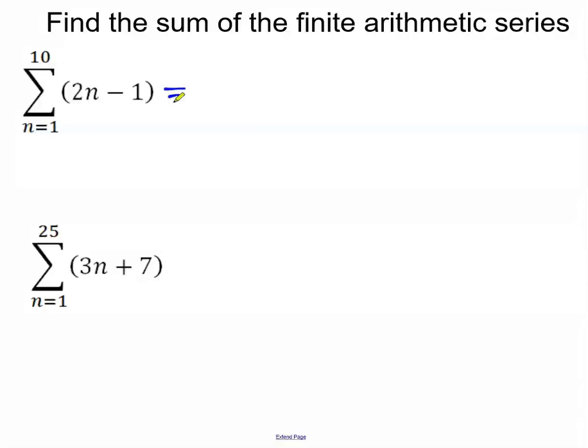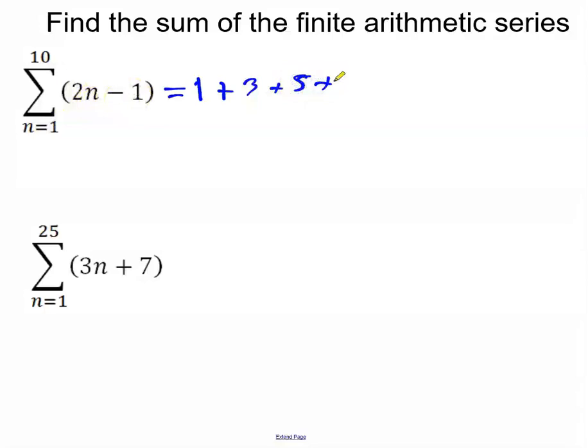So we're starting when n is 1 up to when n is 10. So that's 2 times 1 minus 1. So 2 times 1 is 2, minus 1 is 1. Then go to 2. 2 times 2 is 4. 4 minus 1 is 3. 2 times 3 is 6. 6 minus 1 is 5.